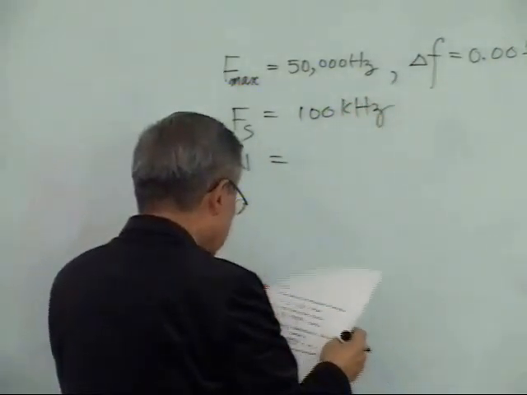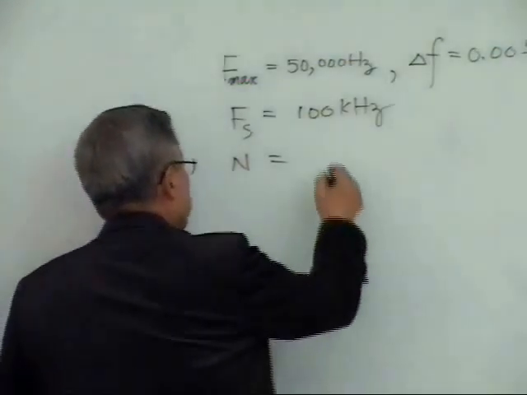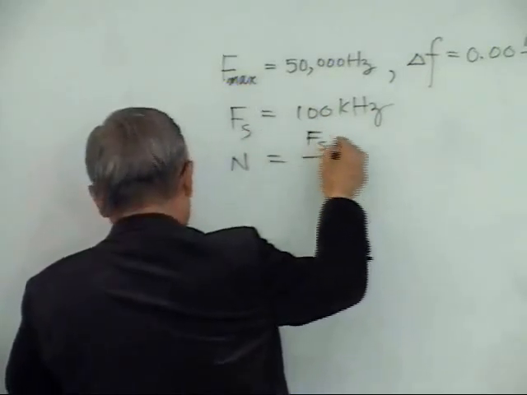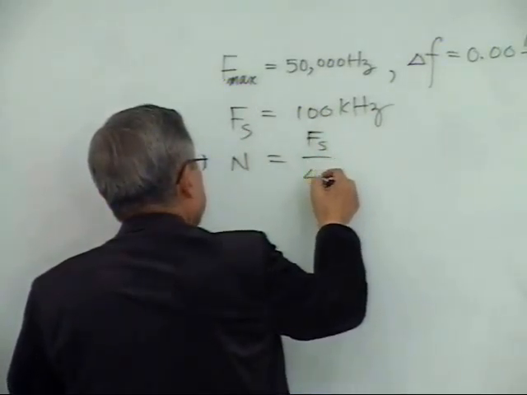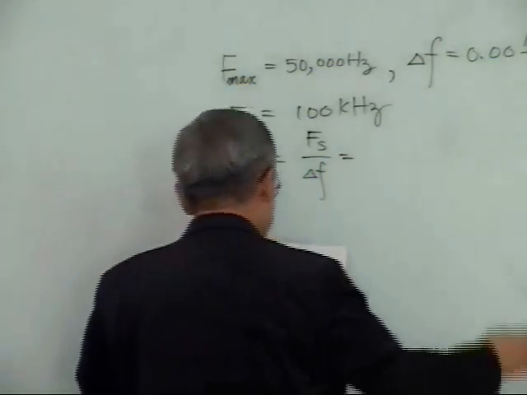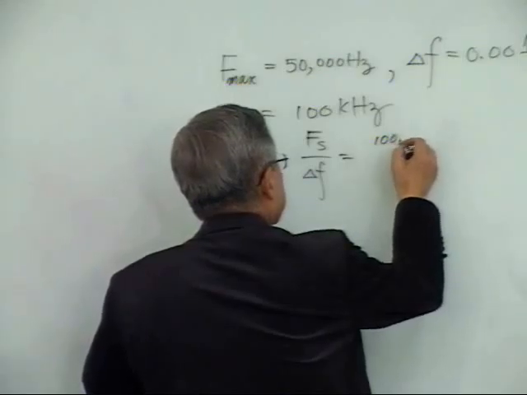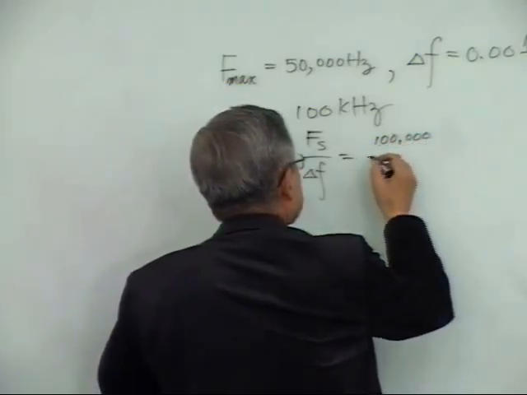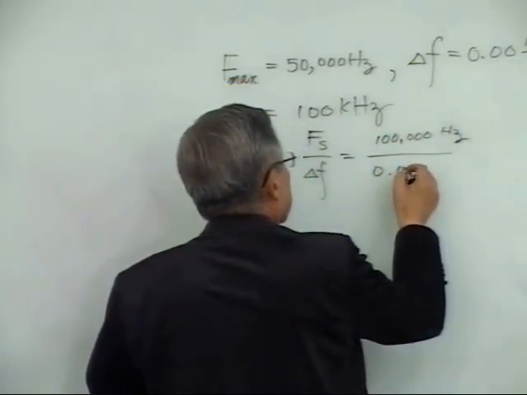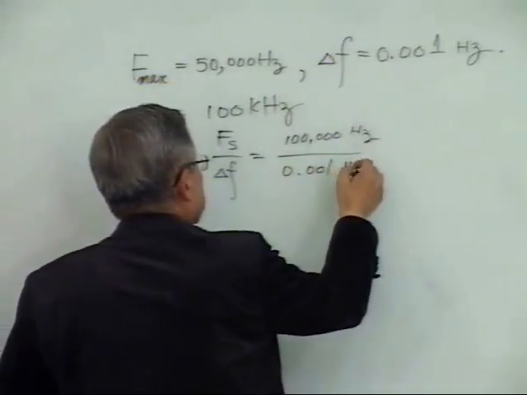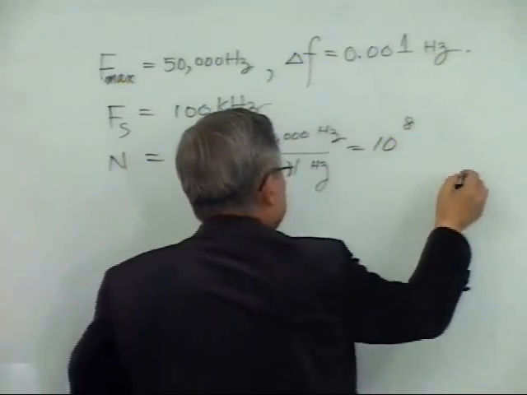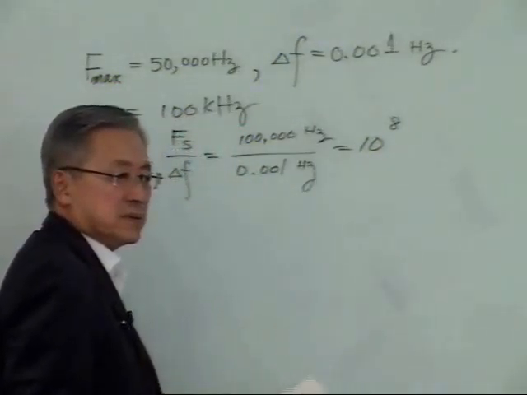What about the total number of points? We know Fs and we know delta F, so it is 100,000 hertz divided by delta F, 0.001 hertz. So you have 10 to the 8 data points.